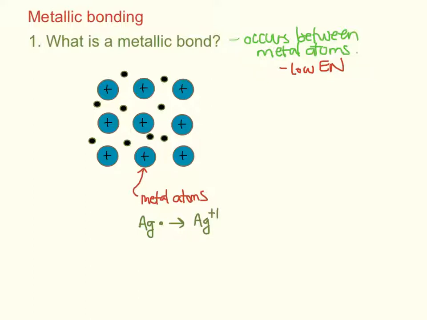And then those electrons are free to roam in between all the metal atoms. They're actually moving in between all the metal atoms. If we were to draw little lines that indicate movement of these electrons, they're free to roam wherever between the metal atoms.